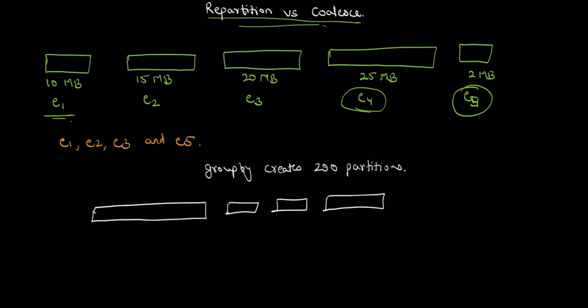And after group by, if we are doing any kind of steps, the bigger partition would take a lot of time because there is a lot of data present in it. Due to this reason, our whole process would be slowing down. To resolve this issue, we have two options, either repartition or coalesce.